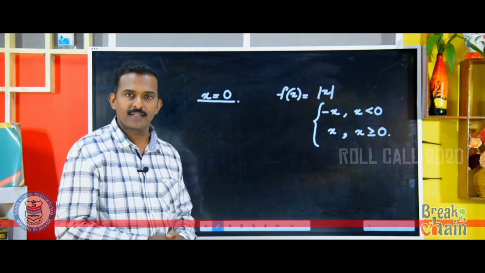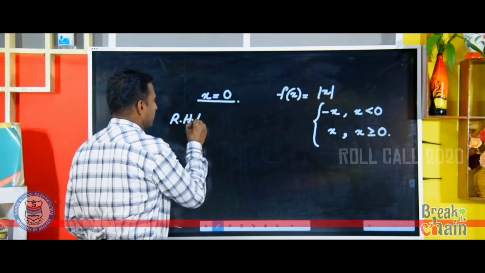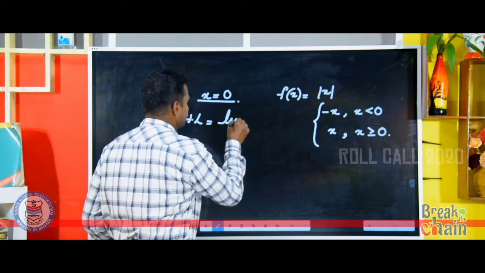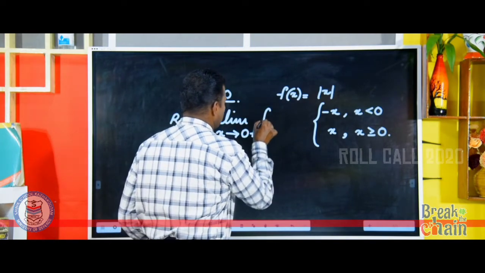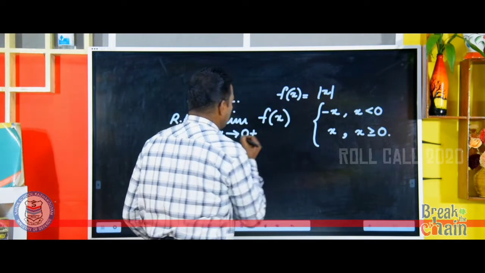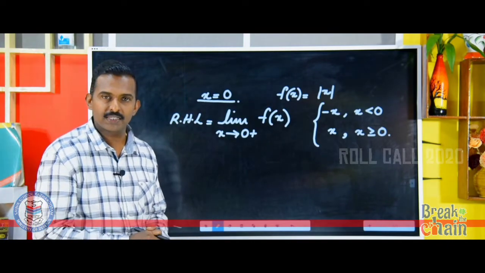Now moving on to the RHL, the right hand limit. Limit x tends to 0 plus f of x. I give the substitution x equal to 0 plus h.